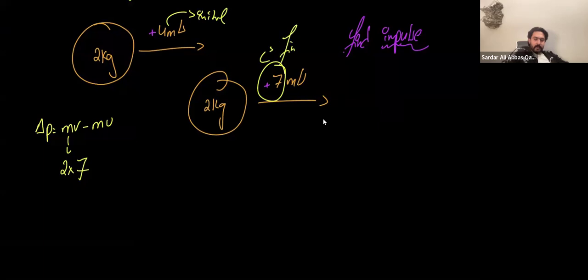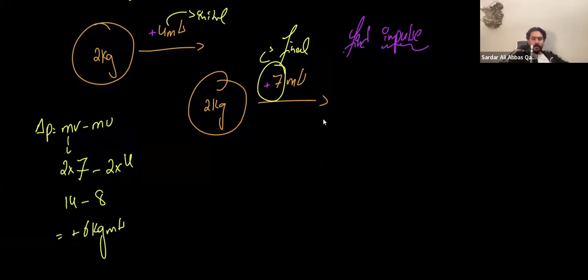So 2 into 7 minus 2 into 4. I believe the answer is going to be 14 minus 8, which is positive 6 kg meters per second. Is this question clear, Mahira?